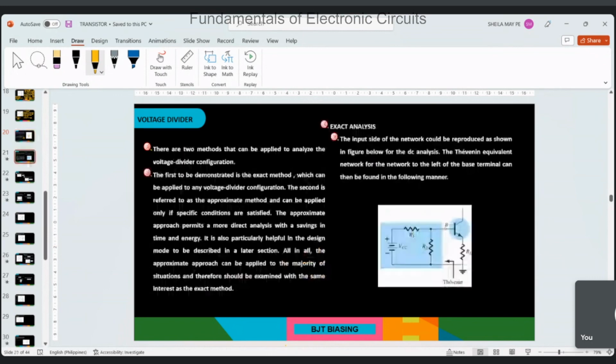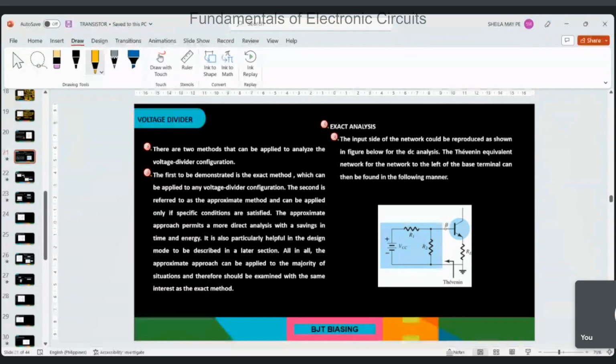There are two methods that can be applied to analyze the voltage divider configuration. The first to be demonstrated is the exact method, which can be applied to any voltage divider configuration. The second is referred to as the approximate method and can be applied only if specific conditions are satisfied. The approximate approach permits a more direct analysis, saving time and energy.